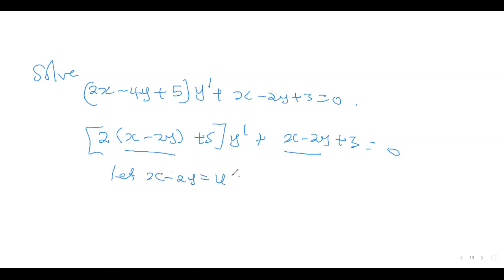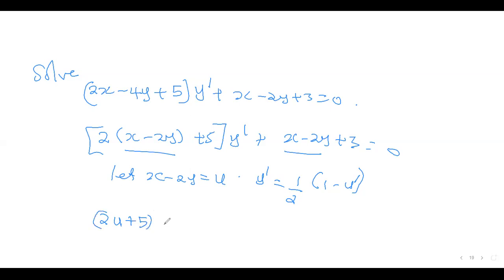Okay? And this is going to imply that when you take a derivative, you're going to find that y dash is simply a half into 1 minus u dash. Okay? And when you make a substitution, you will see that you have 2u plus 5.